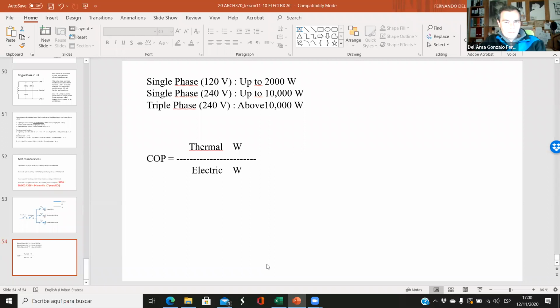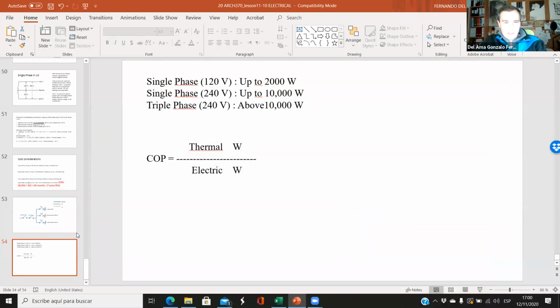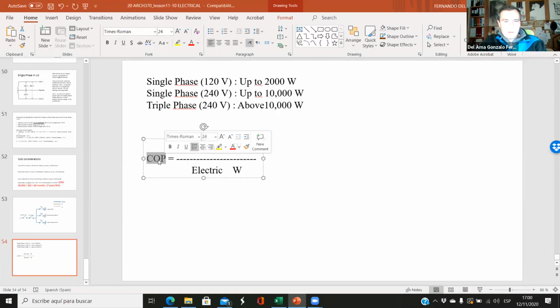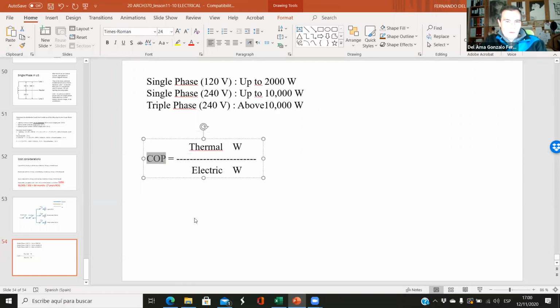We use this, okay? And then I remember that I told you that it's important to understand the concept of COP, the coefficient of performance, okay? Because this coefficient of performance is the value or the parameter that turns thermal energy into electric energy.